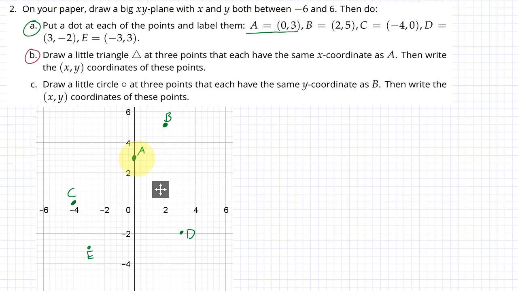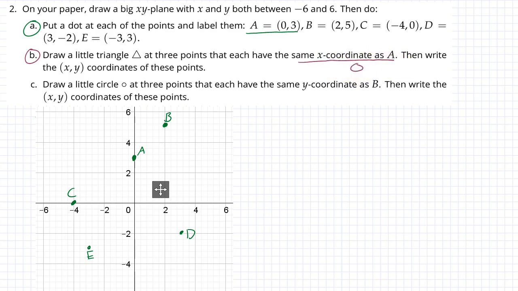The x coordinate of A, that's how far left or right we went from the origin to get to that point. That's 0 because we didn't move left or right at all. We just went straight up from the origin. So we need 3 points that have that same x coordinate, 0.